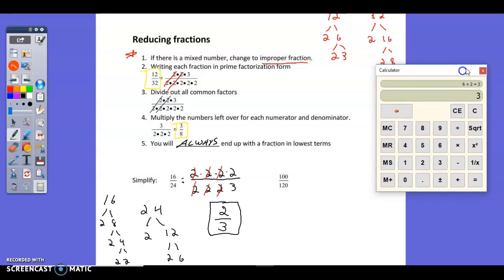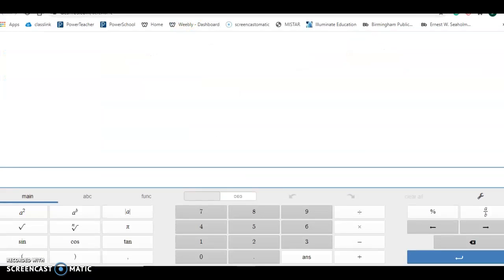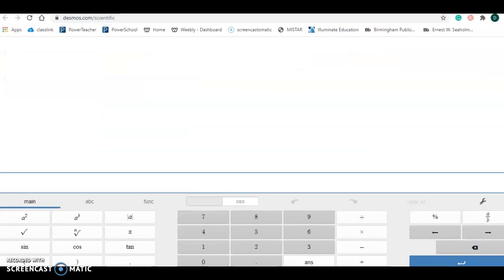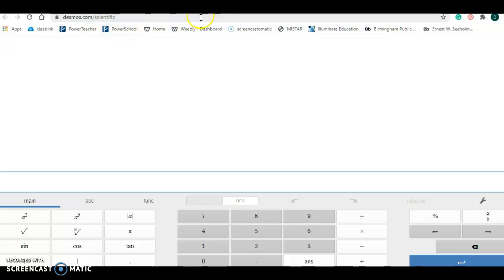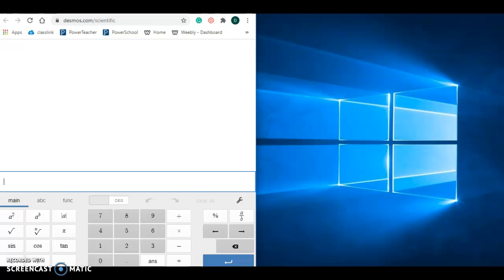Now, depending on the calculator you have, a lot of calculators have a function where we can put them in lowest terms. And we are going to use that as well. So on the website, there's this Desmos.com scientific calculator. This is one that I have posted that we can use in class.